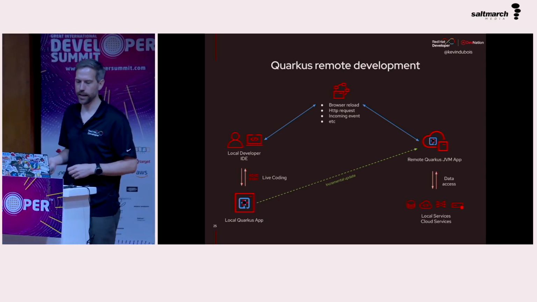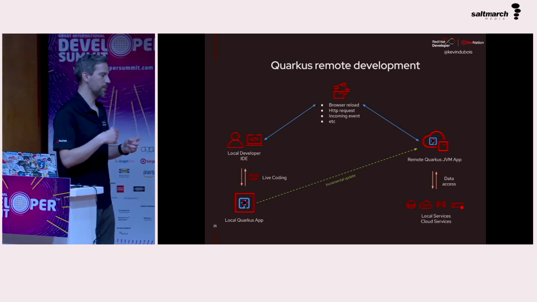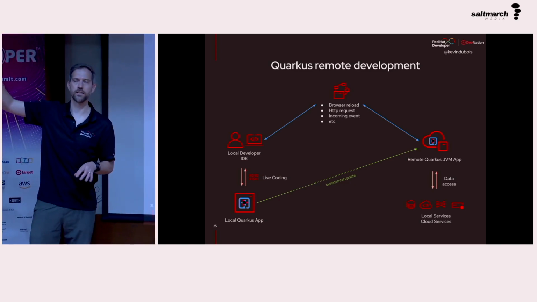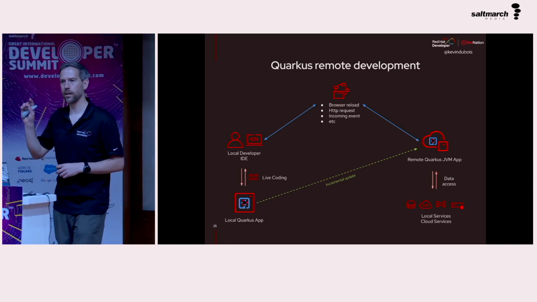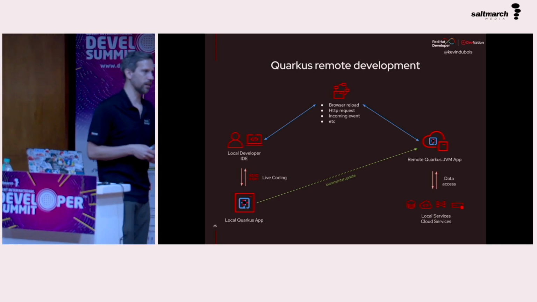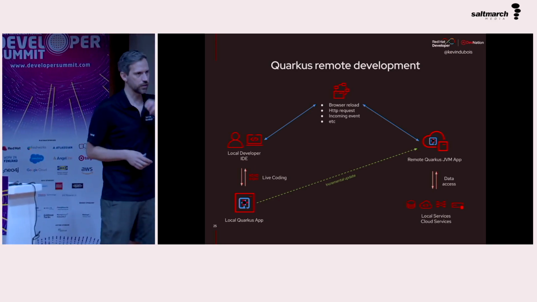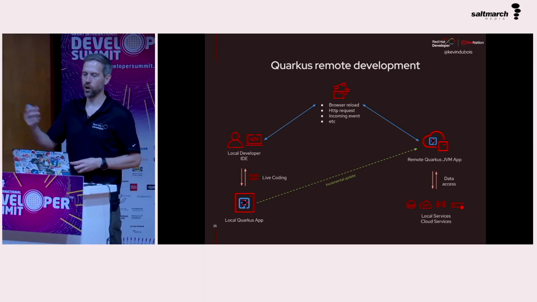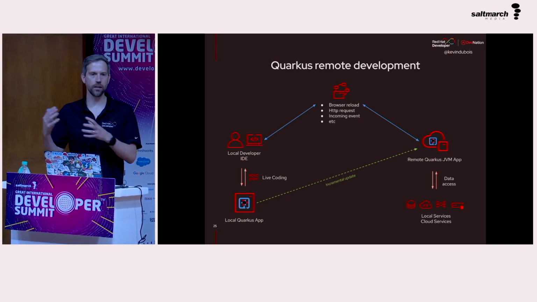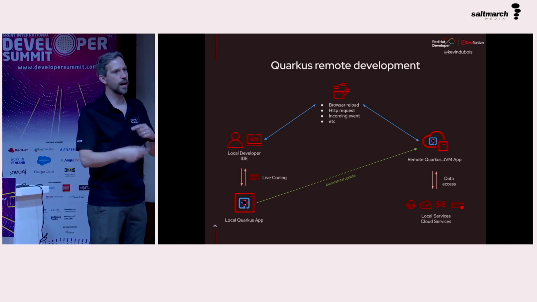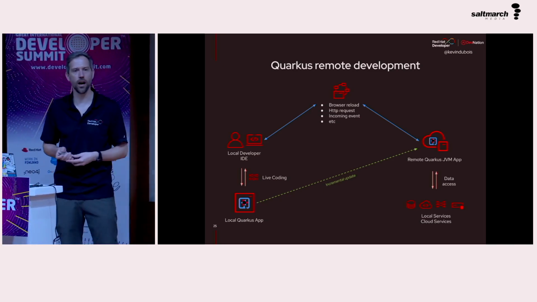The way that works is I configure it and tell it, here's the service running remotely, and a password to make sure that when we're connecting to this remote service, it's us, and then we run a mutable jar on the remote system that Quarkus can update on the fly as we're doing our development in our IDE.